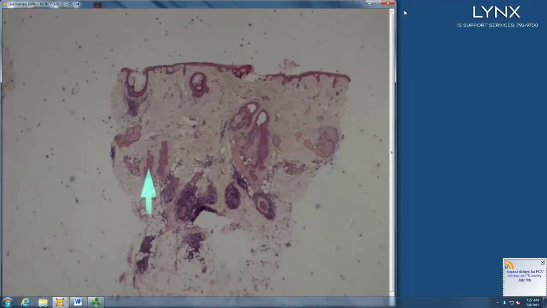What's this? It looks like catagen. Catagen, catagen. They're all catagen, which is also typical for alopecia areata, syphilis, or trichotillomania. But trichotil will not give you the deep lymphoid infiltrate around the bulb. Another helpful feature for alopecia areata is the cyst-like dilatation of the follicular infundibulum filled with keratin.